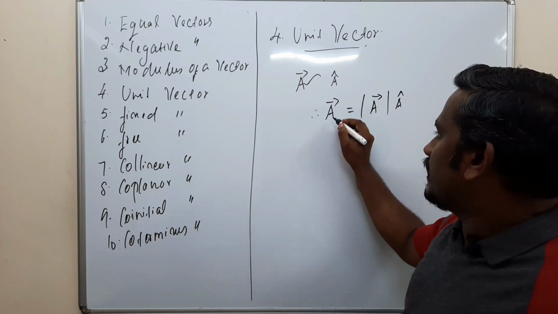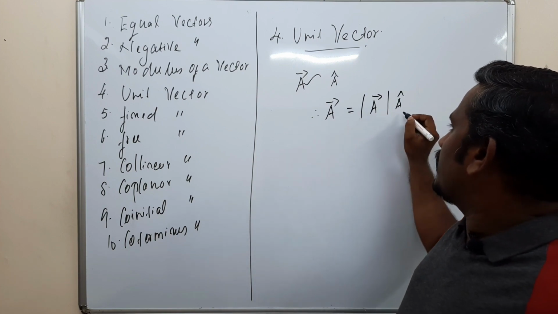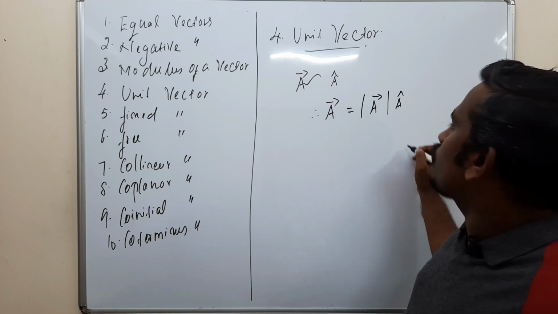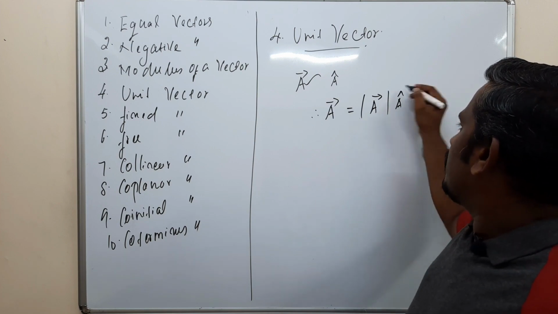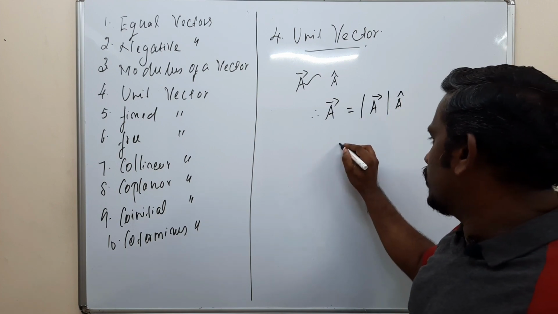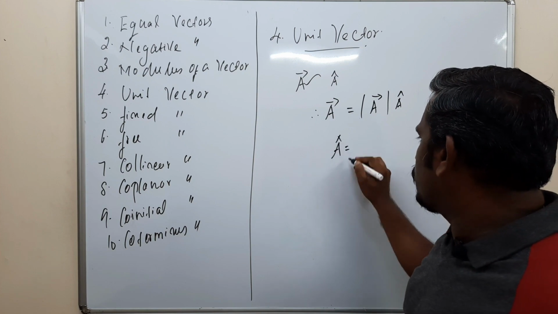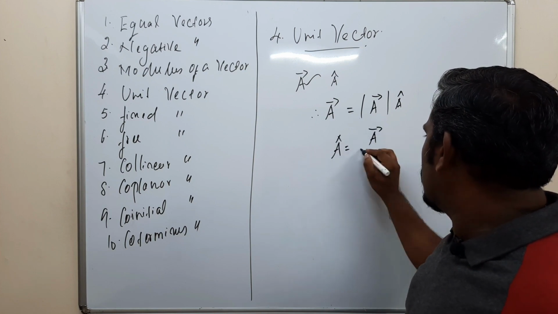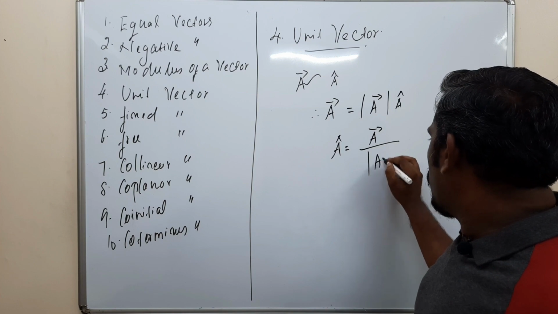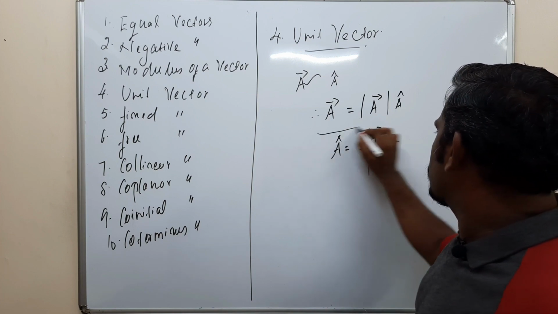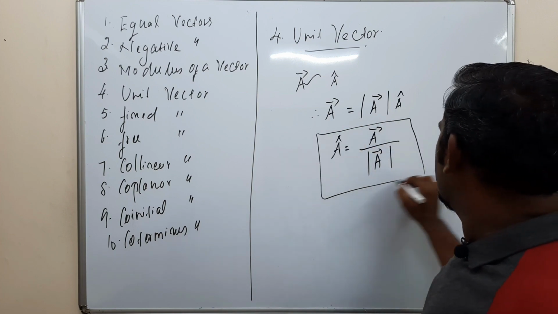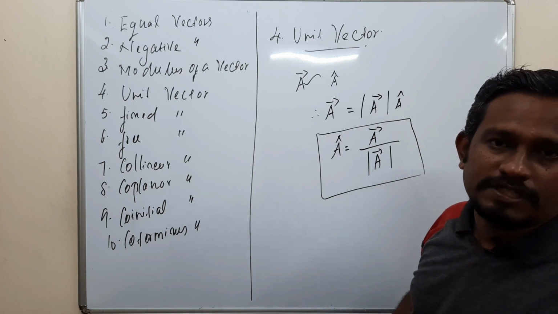So from this we can define the unit vector: A cap is equal to A vector divided by modulus of A vector. This is the formula to find the unit vector of a vector.